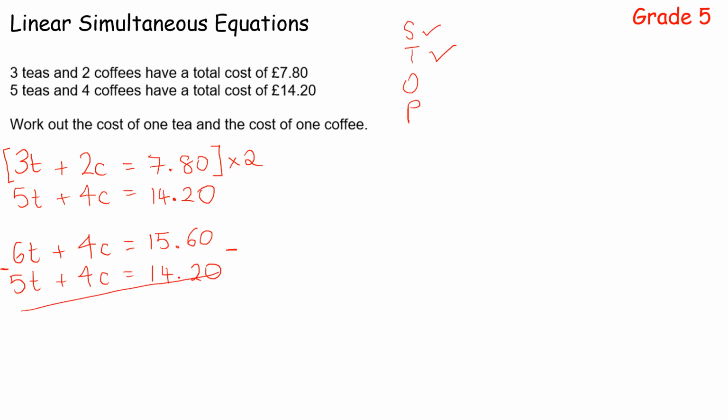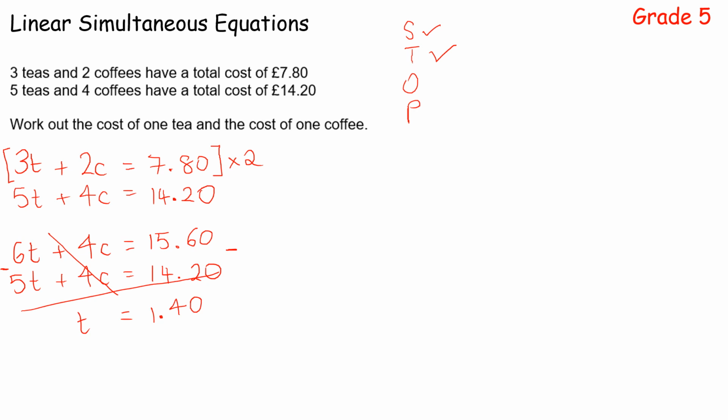And 6T take away 5T leaves me with 1T, which is T. The Cs are going to be cancelled, and I'm going to be left with T equals £1.40. Okay, so £15.60 take away £14.20 leaves me £1.40.